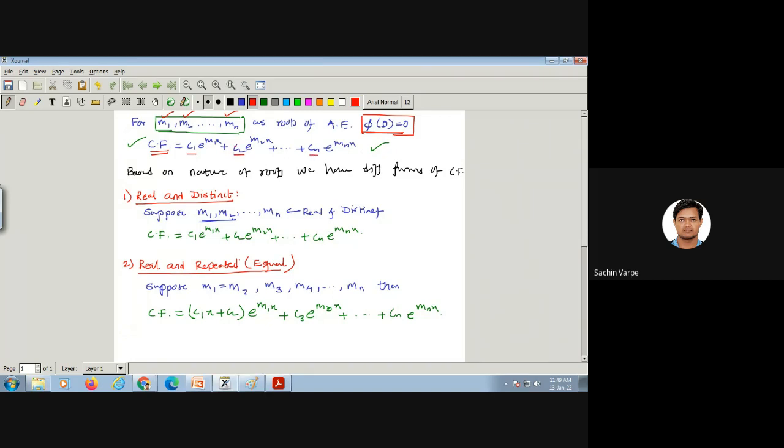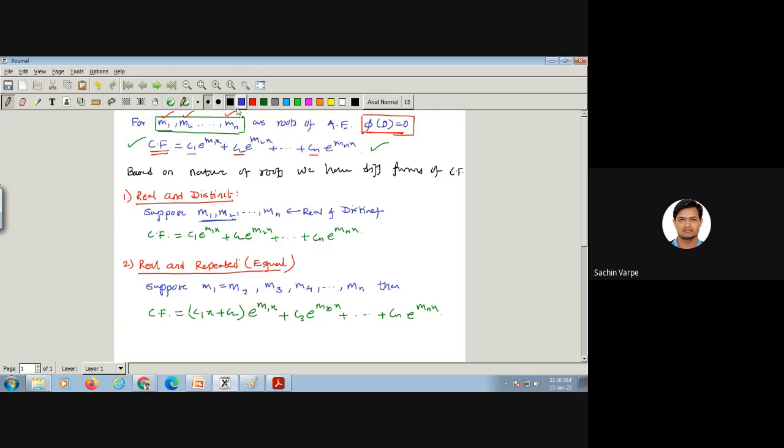ठीक है? So these are interrelated things: the degree of the auxiliary equation, or we can say the order of the differential equation, is equal to the number of roots of the auxiliary equation, and it is equal to the arbitrary constants involved in its complementary function.